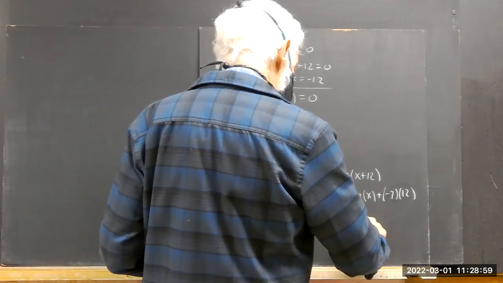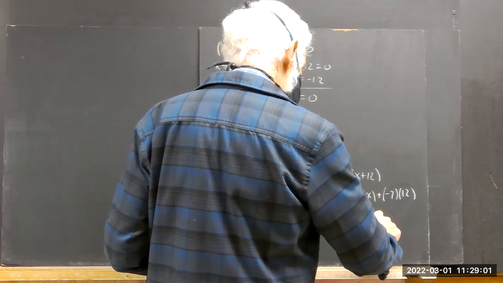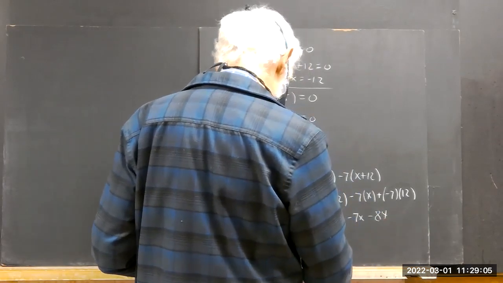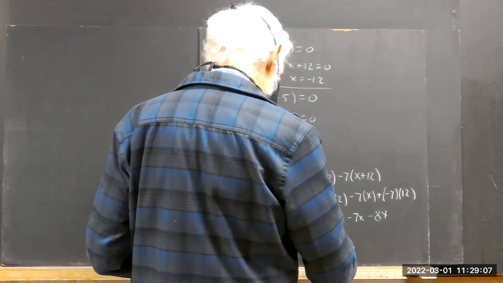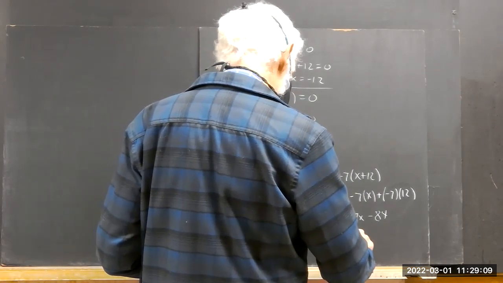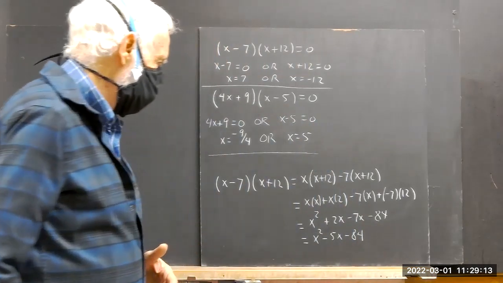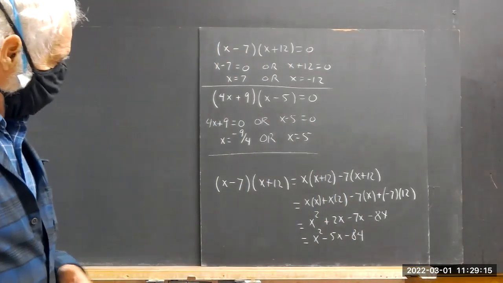Then we have minus 7x. And that's minus 84. Finally, that's x squared plus 5x minus 84. So that's how we use the distributive law.